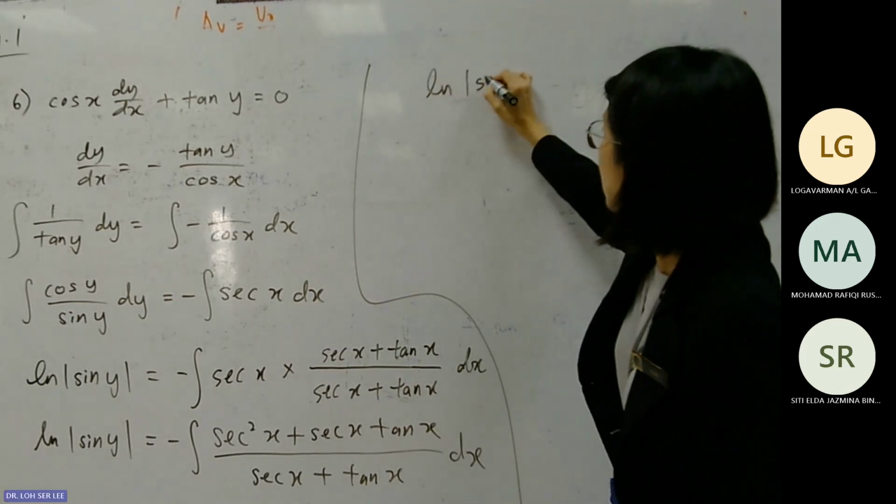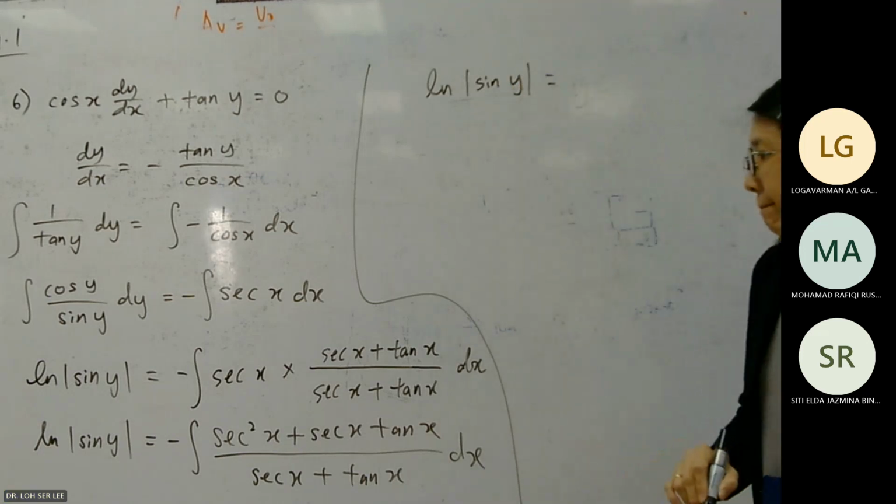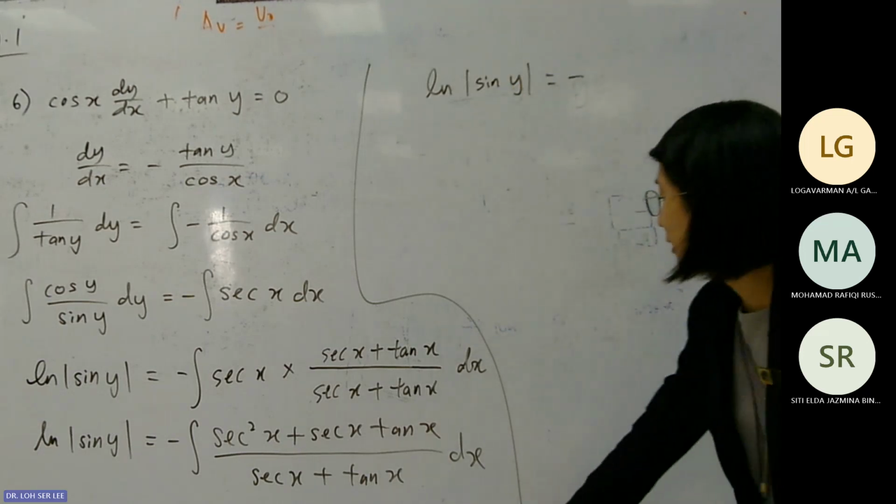Left hand side is ln sine y. Okay, then you have a negative.